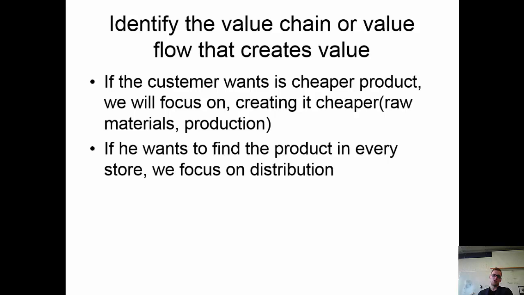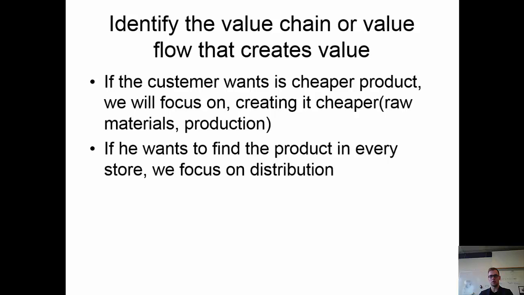Identifying the value chain or value flow that creates value. Like I said, if the customer wants the cheapest product, we have to focus on finding the cheapest material. That is ignoring the quality, focusing more on the product's cheapest production.